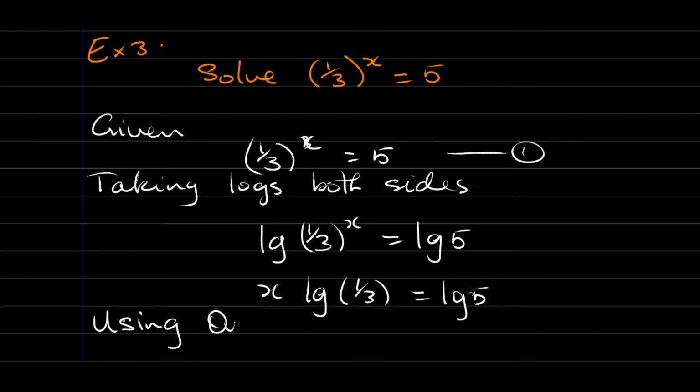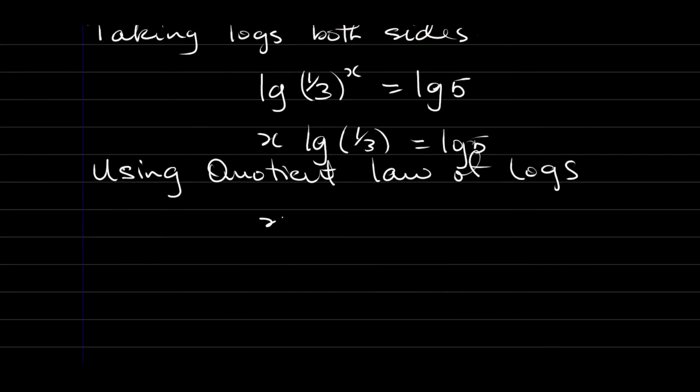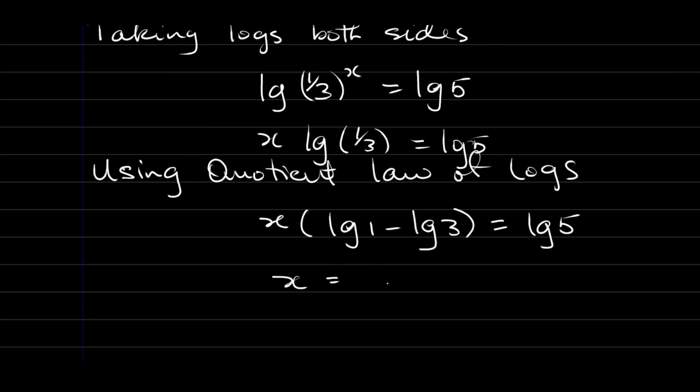So using the quotient law of logs, we can have this written as x times (log of 1 minus log of 3) equal to log of 5, and therefore x would be equal to log of 5 divided by log of 1 minus log of 3.